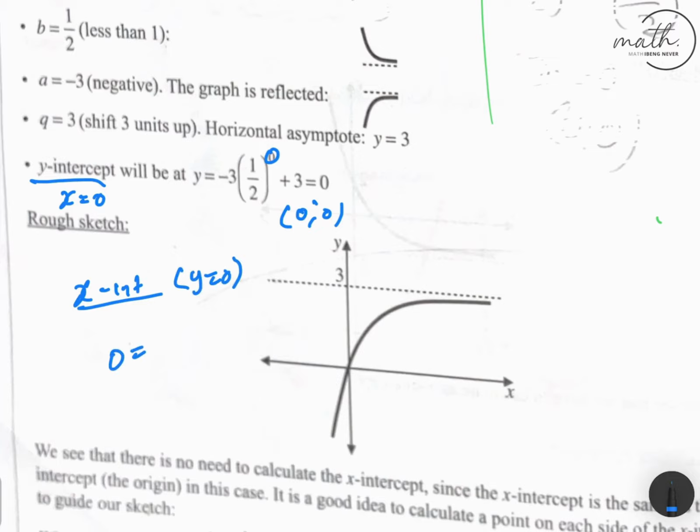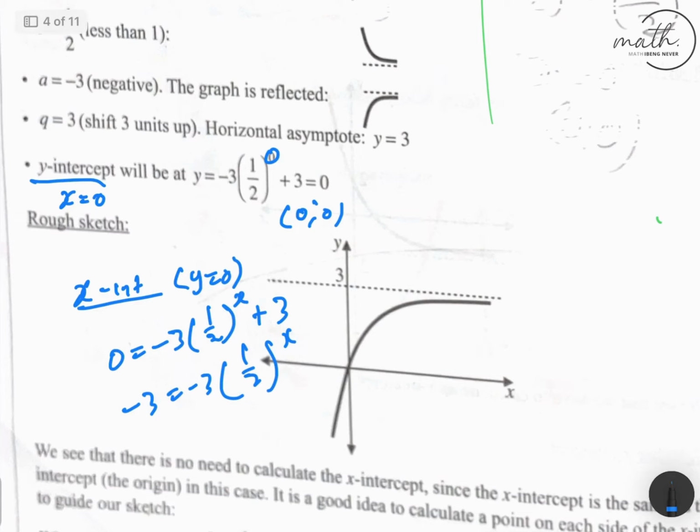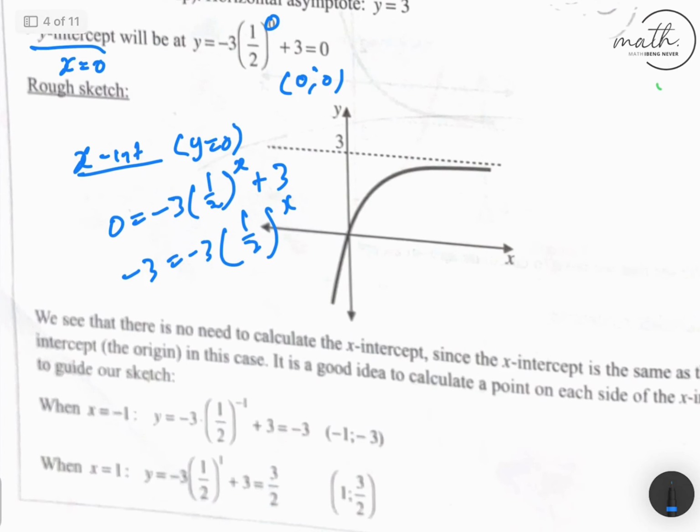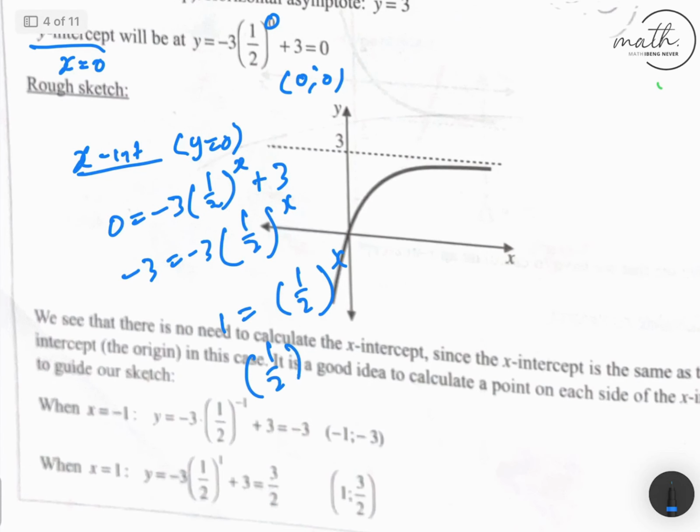When you solve this, you're also going to get 0, because this will be divided by negative 3. It's going to be 1 equals 1 over 2 exponent x. Then 1 over 2 exponent 0 equals 1 over 2 exponent x.